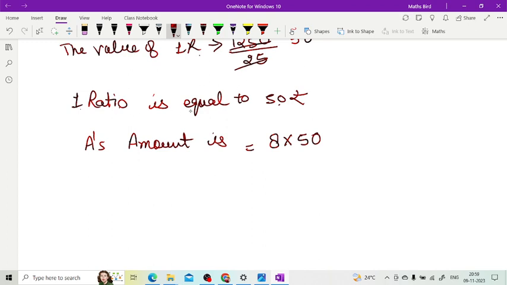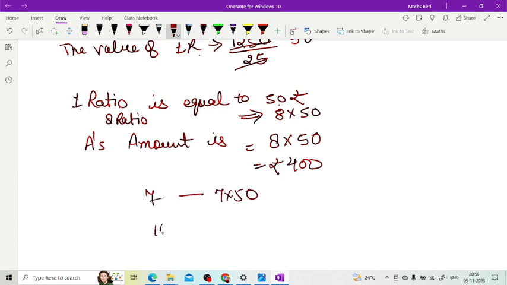Because it will be more, and for more we multiply, rupees 400. Similarly, 1 ratio's value is 50, so 7 ratio's value will be 7 into 50. Similarly, 10 ratio's value will be 10 into 50.